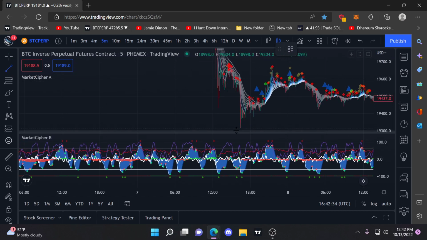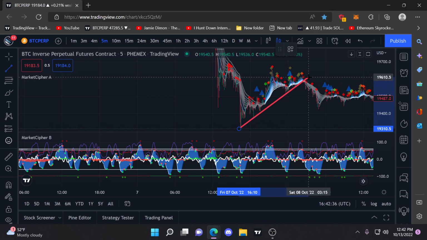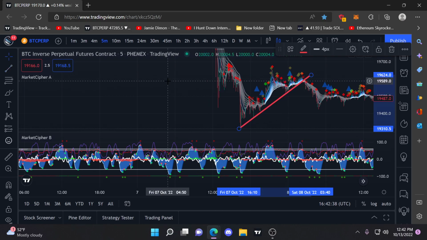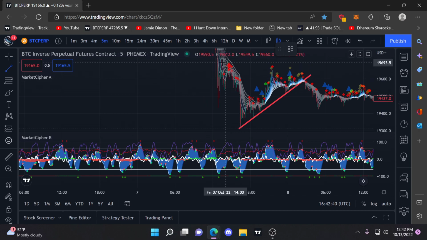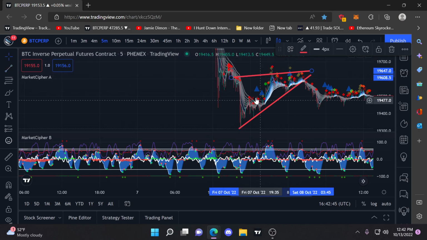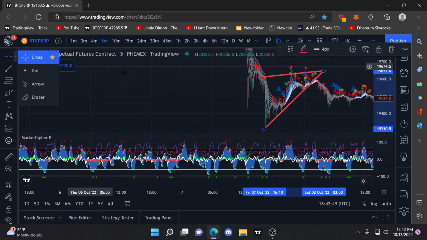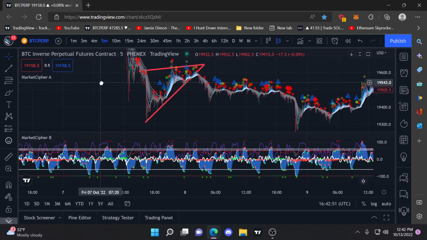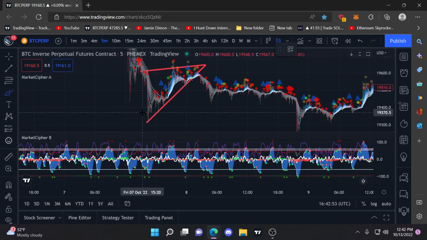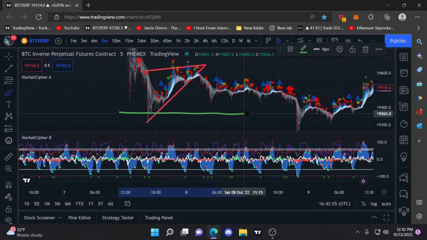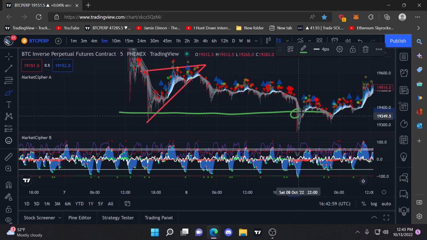You're just going to want to connect your lows, and then for this one here, you're going to want to connect your highs. So there's a rising wedge right there. And for a rising wedge, most of the time our profit target is at the bottom of the wedge.